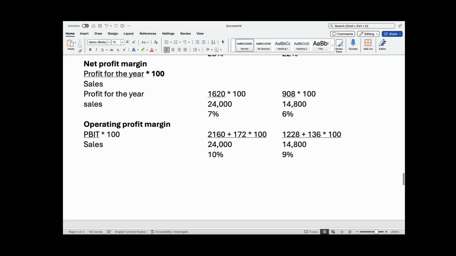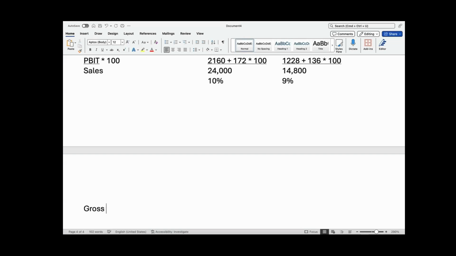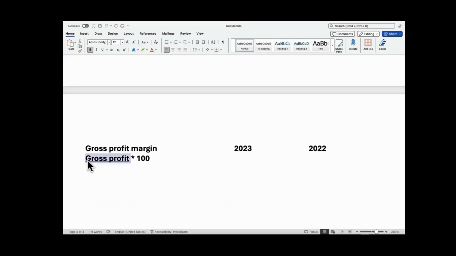Another profitability ratio will be your gross profit margin. And this simply is gross profit times 100 divided by sales.